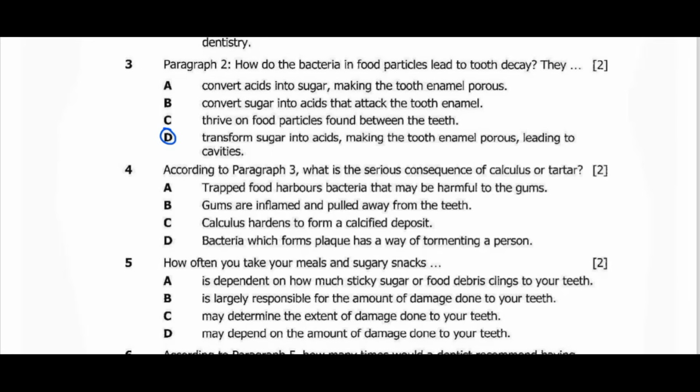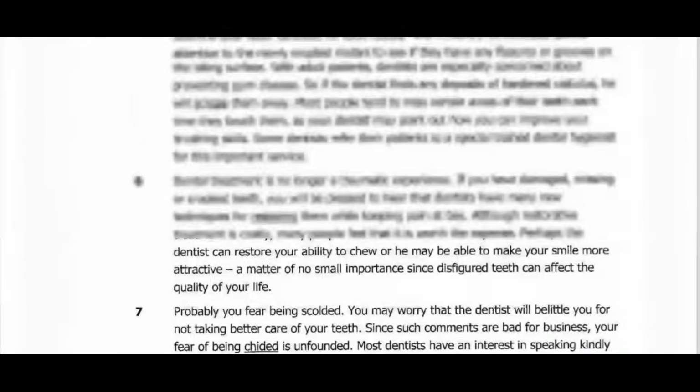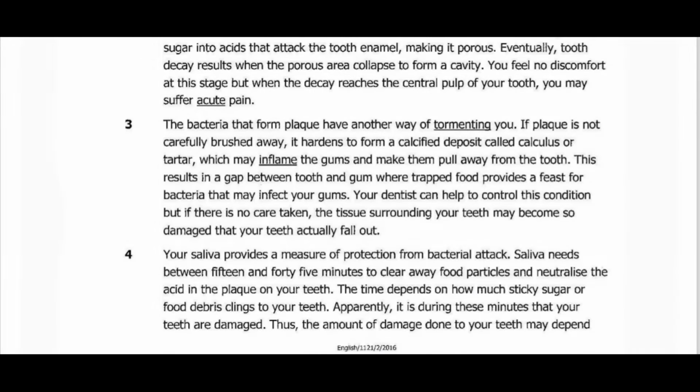Now question 4, according to paragraph 3, what is the serious consequence of calculus or tartar? So let's go back to paragraph 3. The bacteria that form plaque have another way of tormenting you. If plaque is not carefully brushed away, it hardens to form a calcified deposit called calculus or tartar, which may inflame the gums and make them pull away from the tooth.